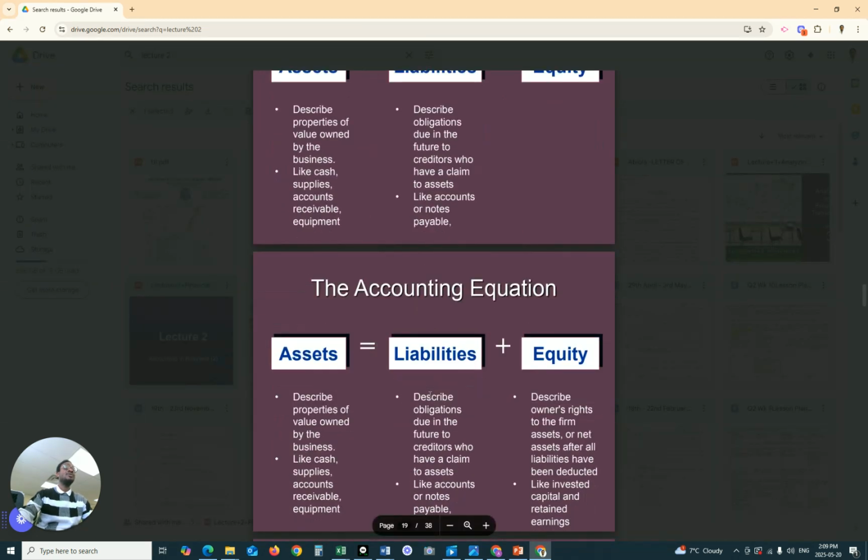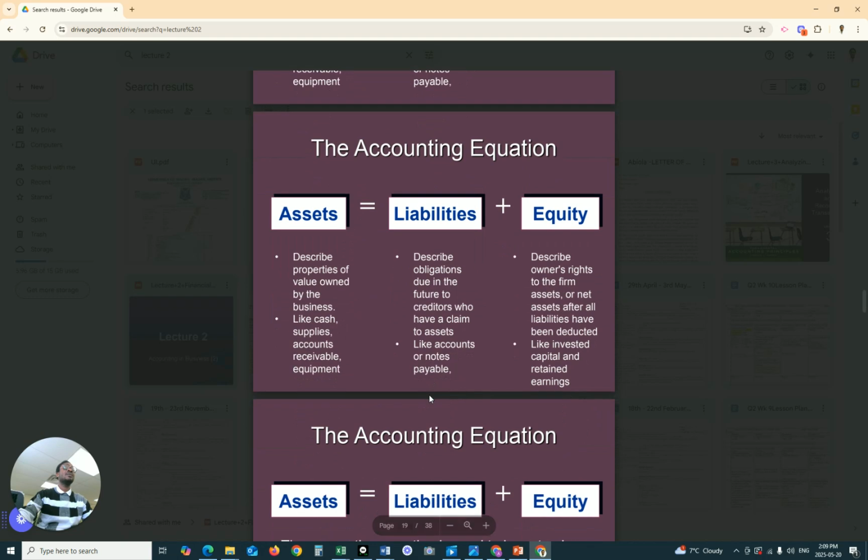Equity, the last one, describes the owner's rights to the firm's assets or net assets after all liabilities have been deducted. They are like invested capital and retained earnings. Any form of owner's right to the firm's assets, the owner's stake basically in the business.